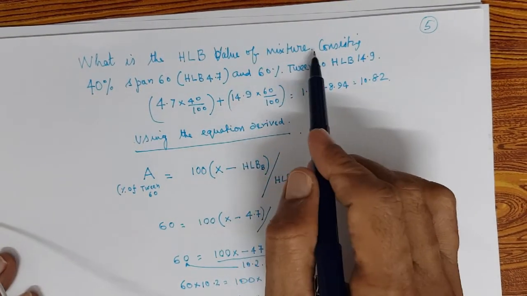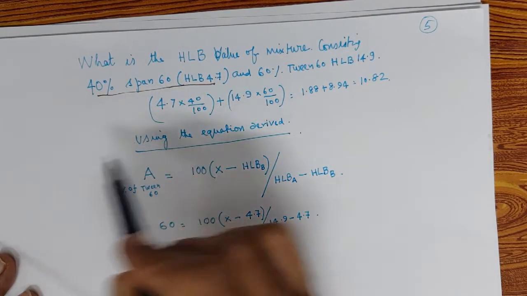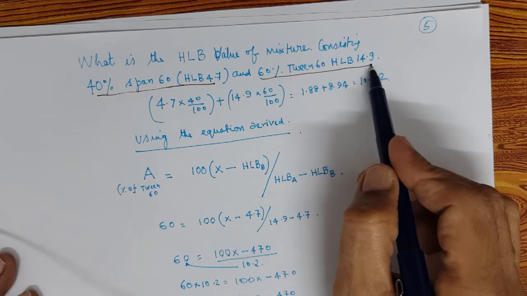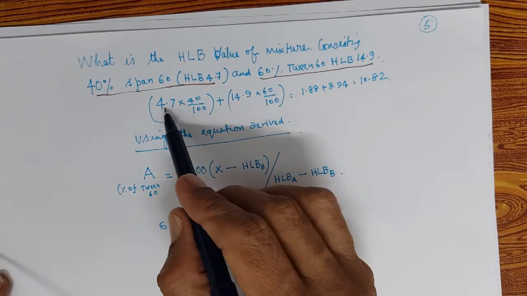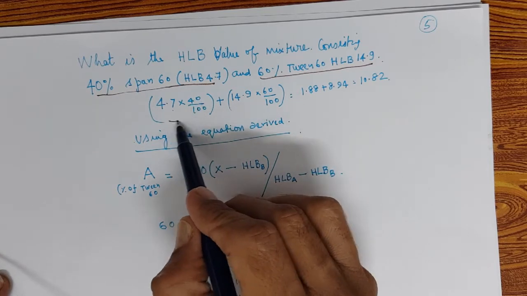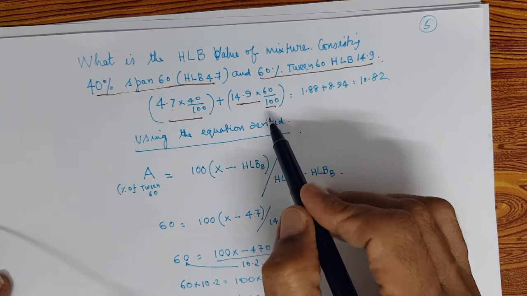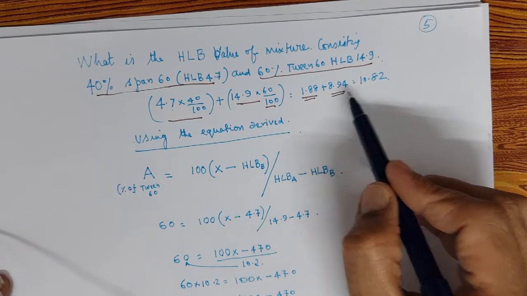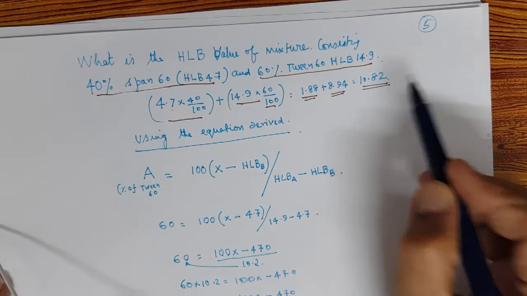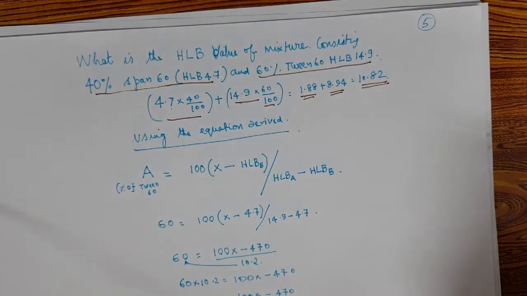What is the HLB value of a mixture containing 40% Span 60 and 60% Tween 60? We saw that. So, 4.7 into 40 by 100 plus 14.9 into 60 by 100, that is 1.88 plus 8.94, 10.82. That is the simple calculation.